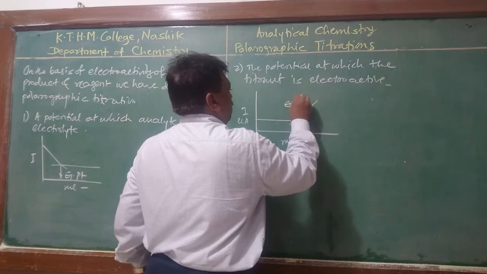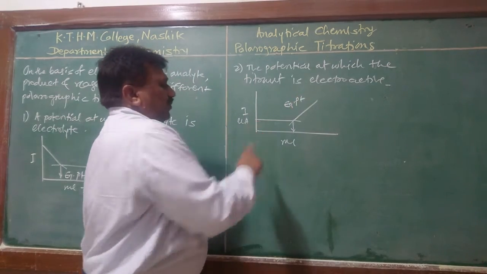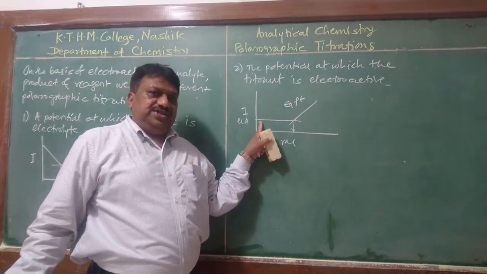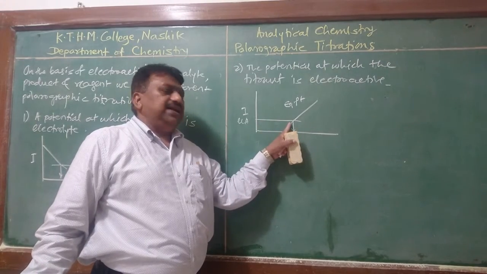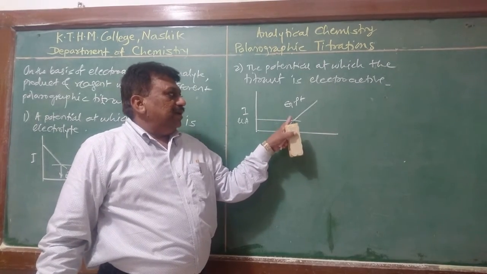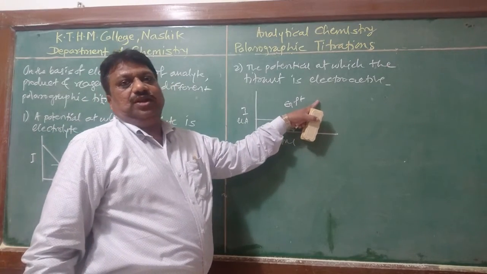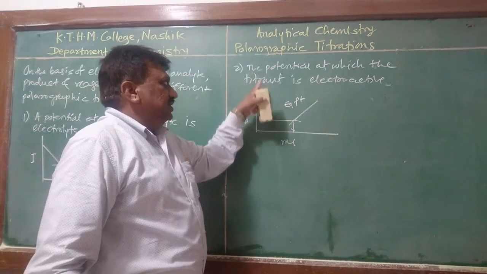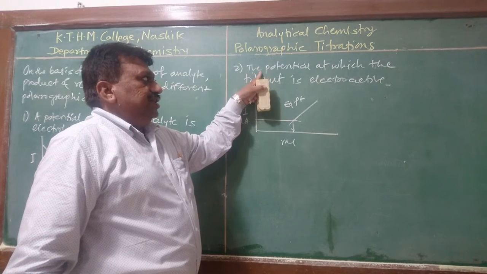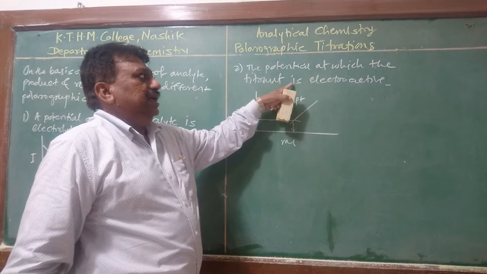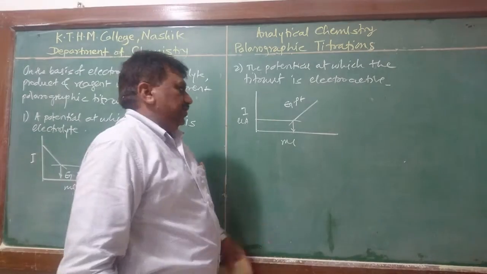This is the equivalence point. Therefore, before the reaction of titrant and reagent is complete, residual current and diffusion current are the same. After addition of excess titrant, the diffusion current or limiting current increases. This is a titration in which the reagent is electroactive.